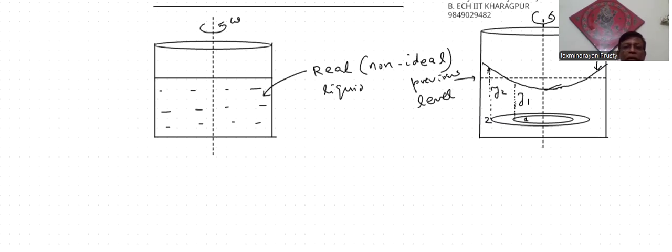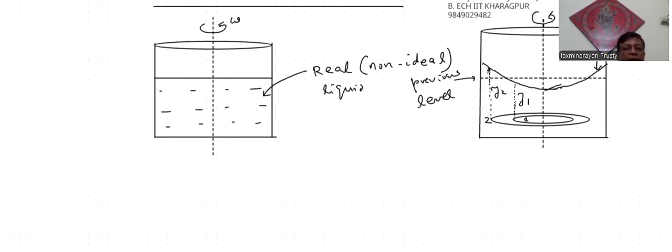Okay. Now, what happens when a non-ideal liquid flows? What do you mean by non-ideal liquid? It means viscosity is present. Just see this. I have drawn a diagram here.